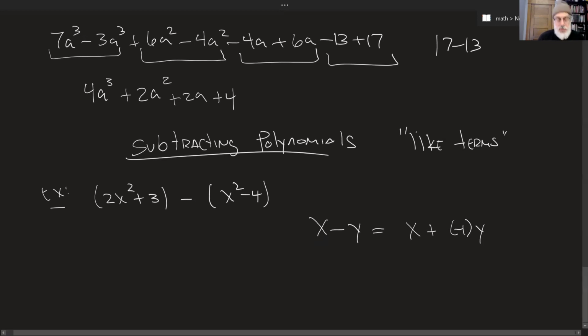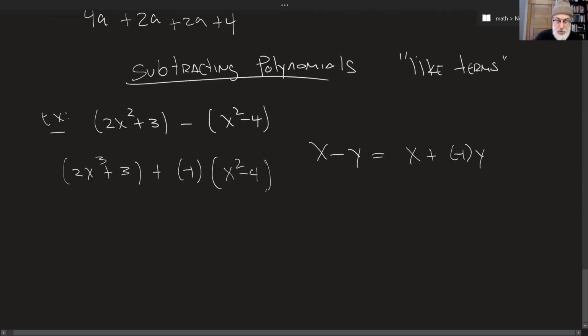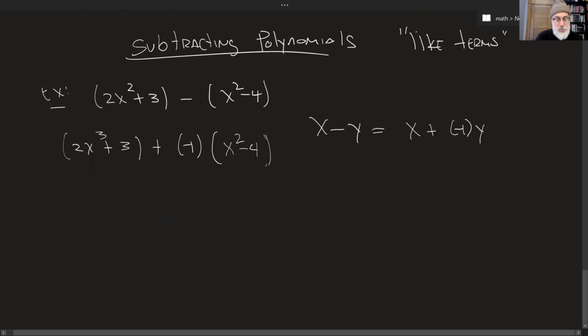Now you don't have to do this every time once you're comfortable, but I'm going to write it as an addition problem. I'm going to turn that negative into a -1. And I'm going to do this to illustrate the distribution of -1 through the term x squared minus 4.